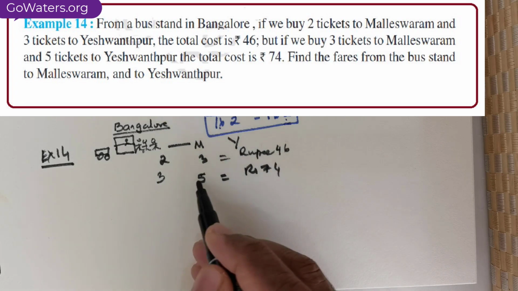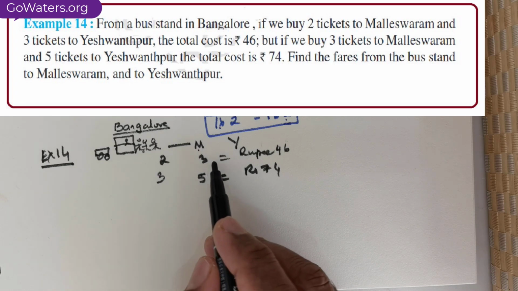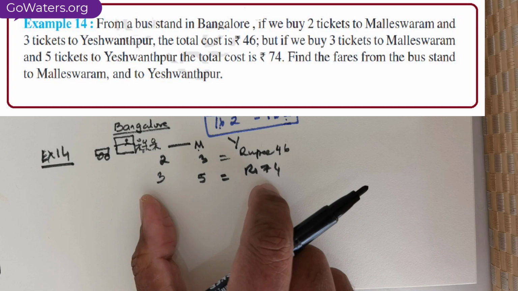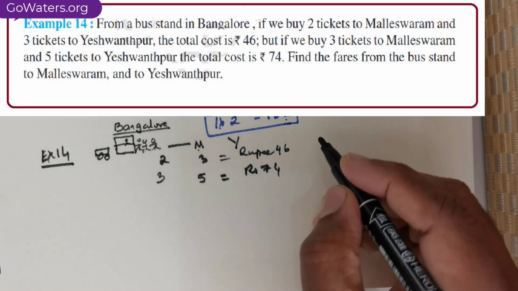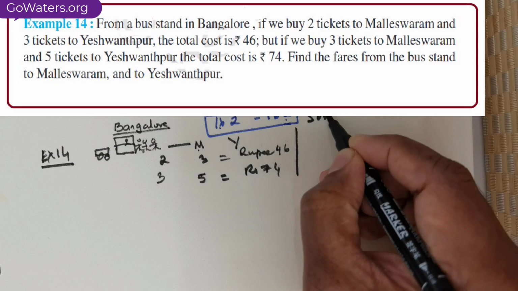Now we are asked to find the cost of the ticket to Malleshwaram and the cost of the ticket to Yeshwantpur. So this is the question. So what I wish to do is I would like to start up the solution in this fashion.